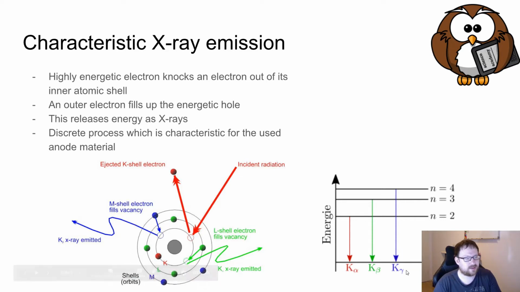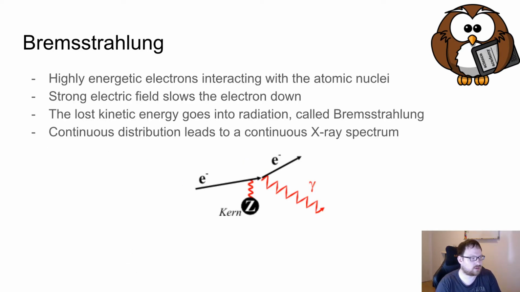Sharp peaks. And then there's another process called Bremsstrahlung. It's actually a German word, and it just stands for decelerating radiation. This time, our high-speed electron hitting the anode doesn't really hit an atom or an electron, but is just decelerated by the electric field of a nucleus, of an atomic nucleus.